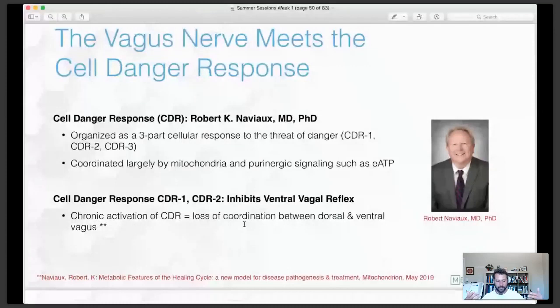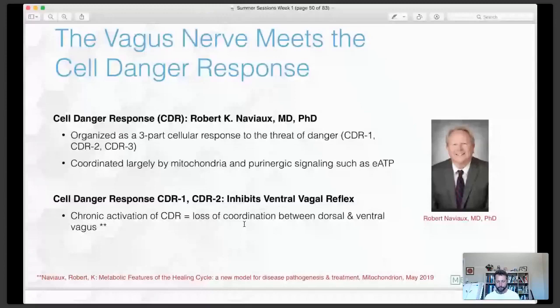From a clinical standpoint, what we can now look at is how we can evaluate the probability of a cell danger response occurring. What Naviaux has alluded to in his recent paper is that there are 3 phases of the cell danger response. He's now calling the cell danger response the healing cycle, because it's essentially the body's protective mechanism when it perceives danger, how the physiology and the cellular structure respond to this threat.